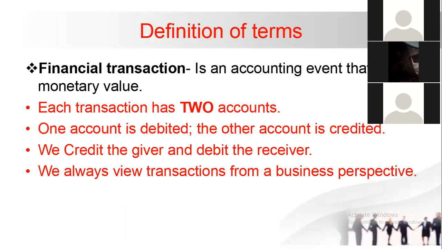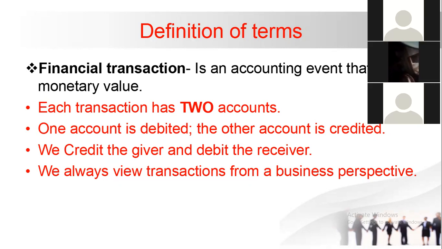Now we want to define what is a transaction, or what is a financial transaction. In the accounting world, we deal with what we call transactions. And what is a transaction? A transaction is an accounting event that is of monetary value.